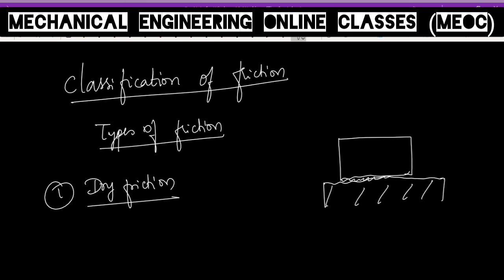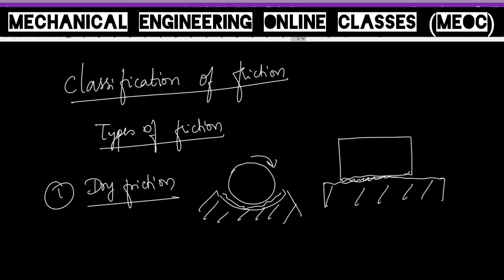Suppose there is an object which has to rotate in this particular groove. We don't want friction to be high, so that time we will fill this with lubricant. Now this solid surface is in touch with a liquid surface, which is a lubricant, and this particular surface is also in touch with the lubricant only.